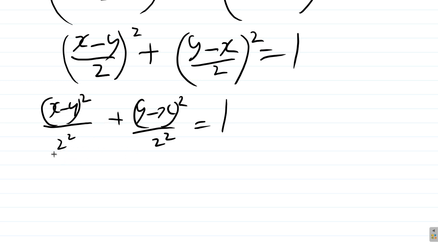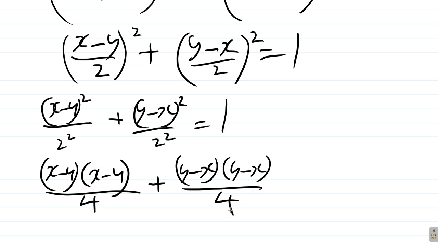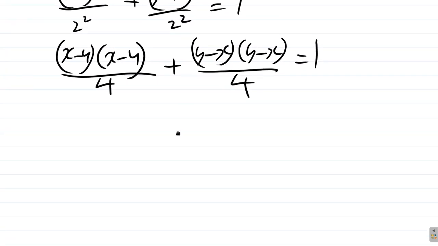So now it's going to be (x minus y) times (x minus y) over 4 plus (y minus x) times (y minus x) over 4 equals 1. Let's multiply both sides by 4.